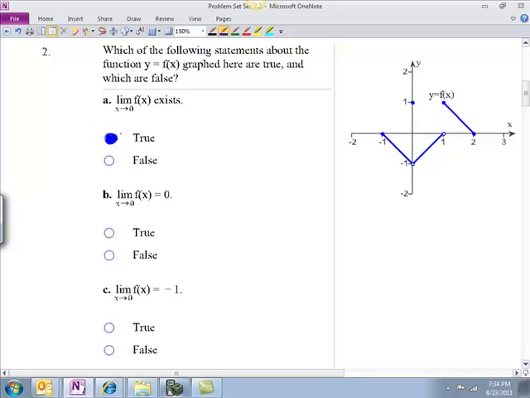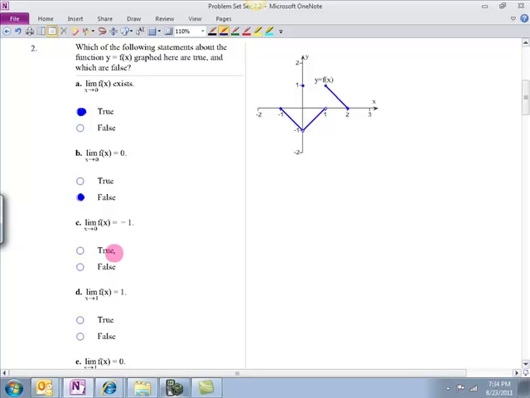The limit as x approaches 0 is 0. Is that true or false? False. Good. Okay, you have the picture. I'm going to make this a little smaller so I can get more on here. The limit as x approaches 0 equals -1. True.